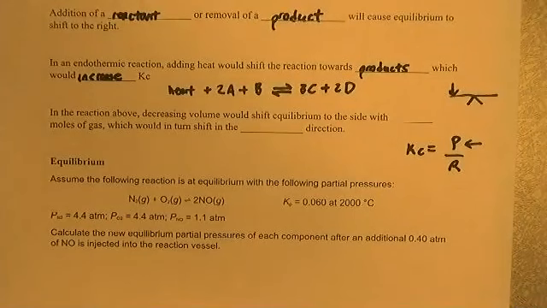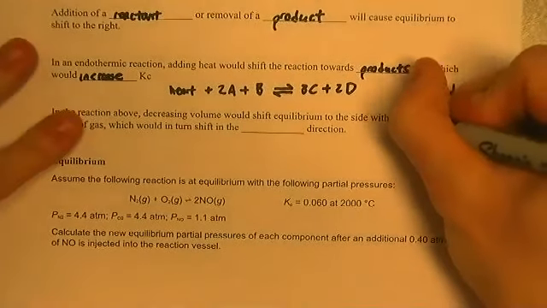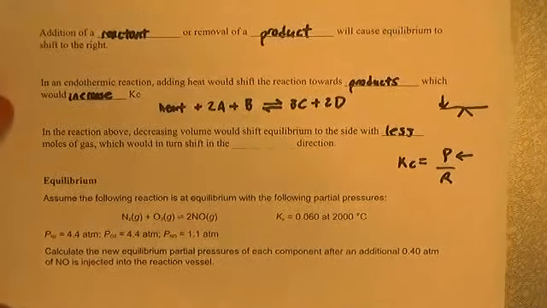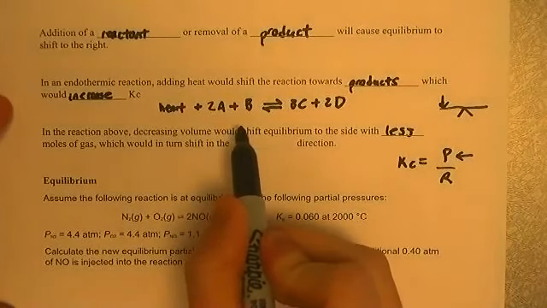Lastly, in the reaction above, decreasing volume would shift equilibrium to the side with blank moles of gas. Whenever you decrease volume, you always shift to the side with less moles of gas, which in turn would shift the reaction to the left or right direction. Well, let's look. Which side has less moles of gas?